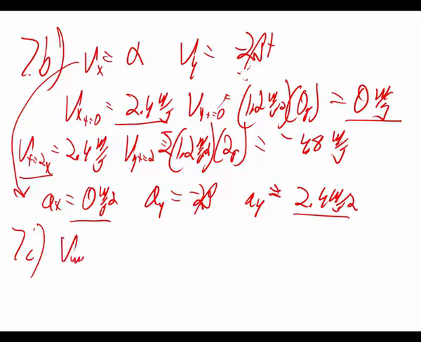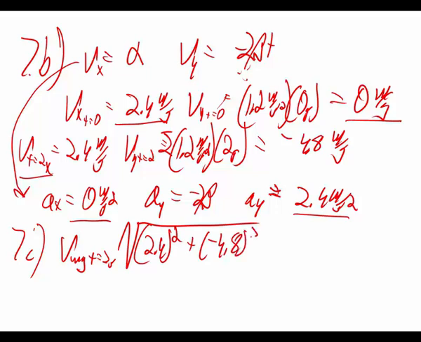The velocity magnitude at 2 seconds is the square root of what? 2.4 plus what? Negative 4.8. And what do you get? 5.37.